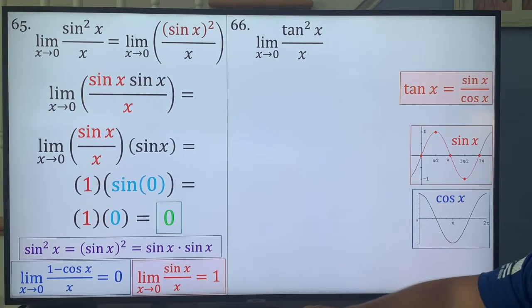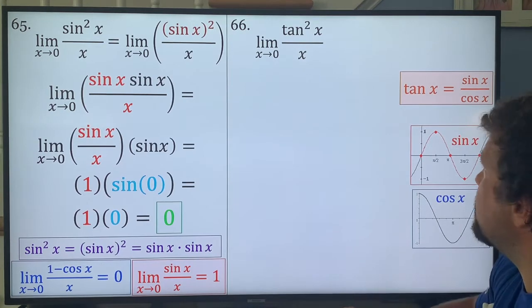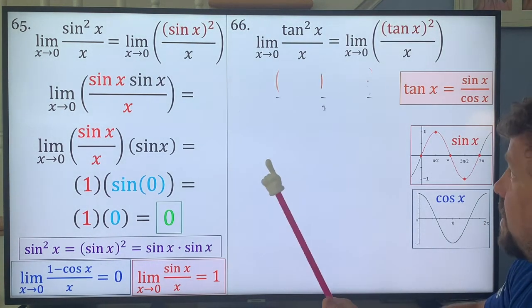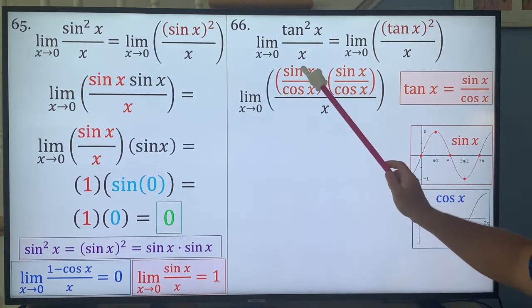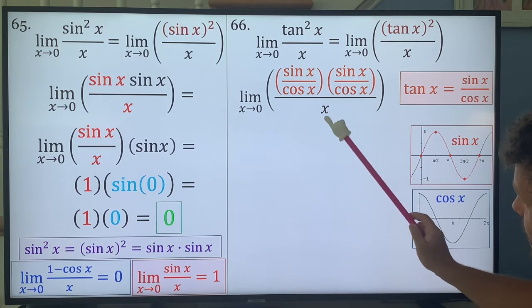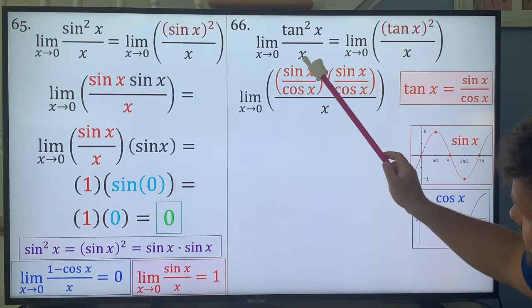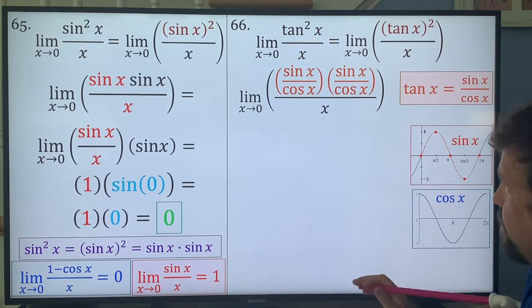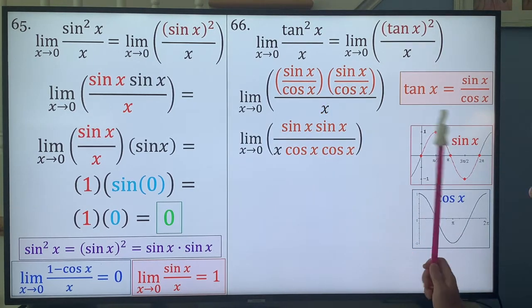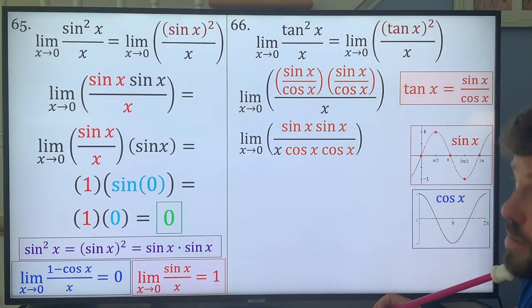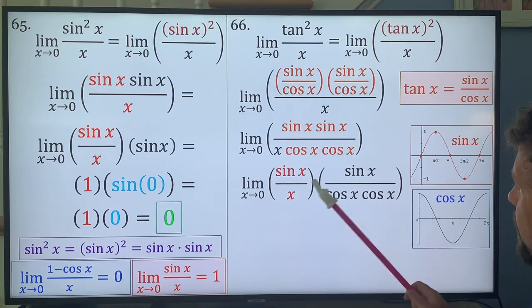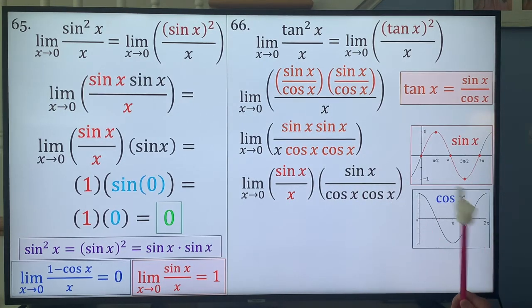Got it? All right. Tan squared x. So that is tan x squared. Tan x times tan x, which is the same as sine over cosine x. So all you have to do is absorb this x with one of these guys, right? Because as soon as we take that x off, then we can put a 0 in. Sine x, both these cosine x go to the bottom. Following still? Hopefully you are. We can take a sine x, absorb that x, and we're left with sine over cosine squared x.